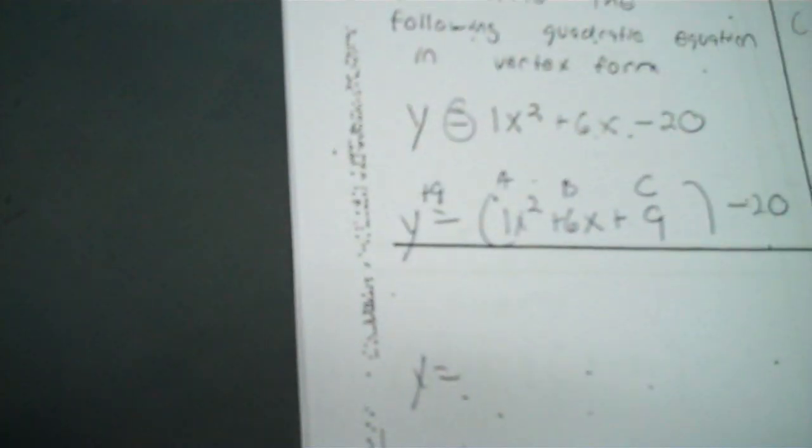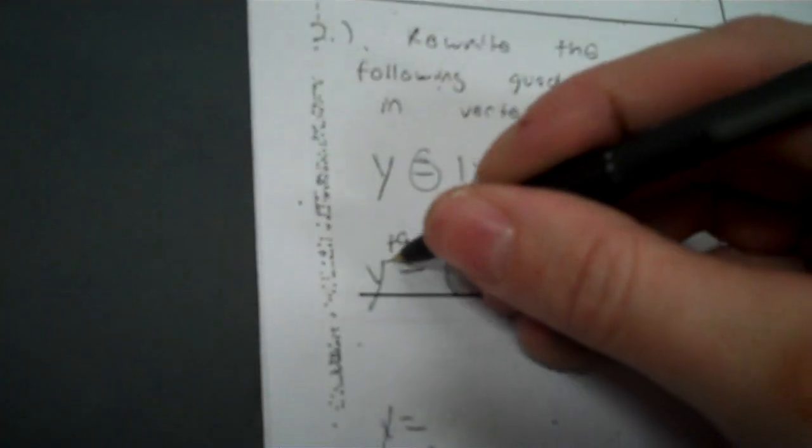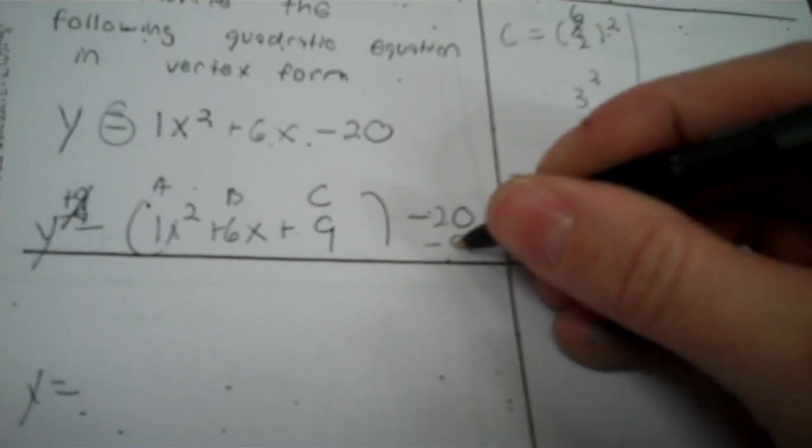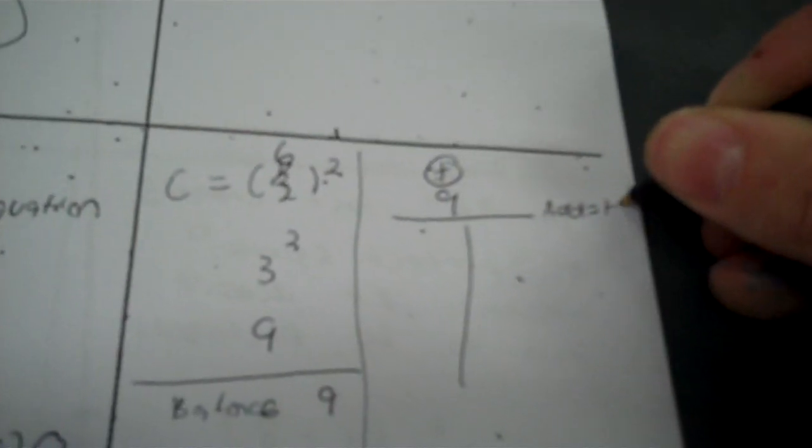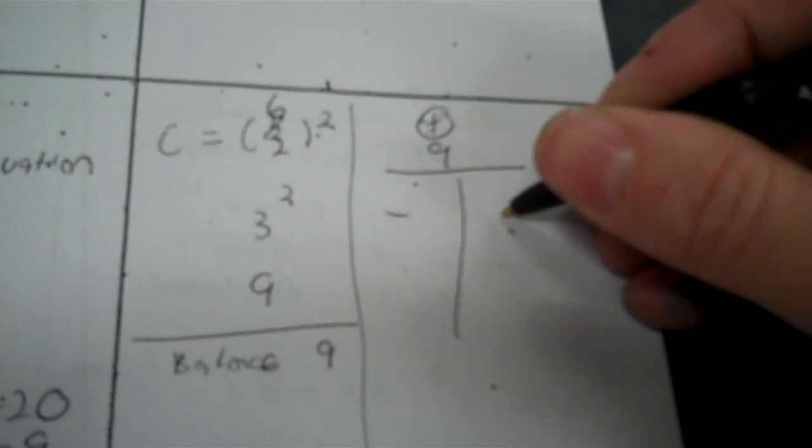So if I added a 9 here, I have to add it over here, but I really don't want to have y plus 9. So then I quickly subtract 9 from negative 20. Now I rewrite this expression in factored form. Okay, so A times C is 9, positive. You're adding to get positive 6. You can put 2 negatives to begin with.